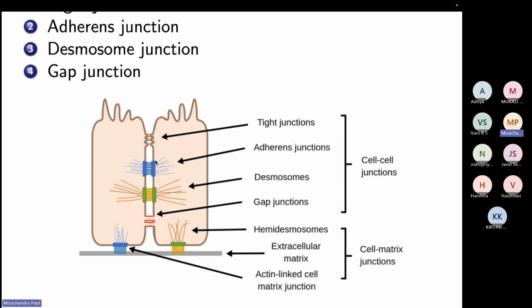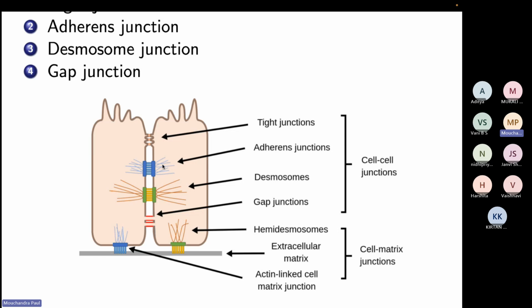these are two cells. The first one is a tight junction, where it's like a barrier, like a very strong glue, and it doesn't allow any tissue leakage or leakage of any cytosolic components. Then there is the adherens junction.